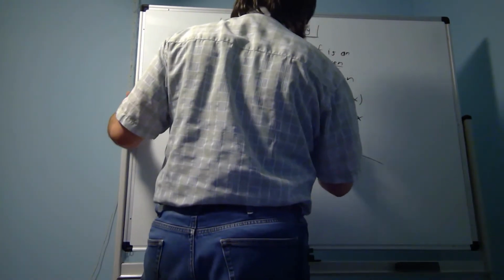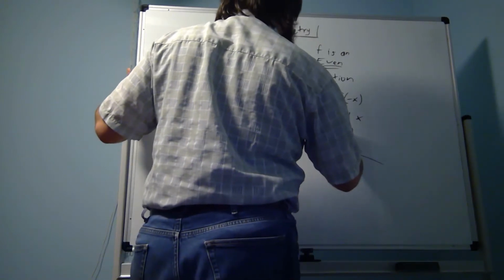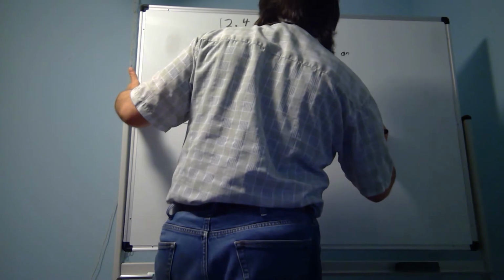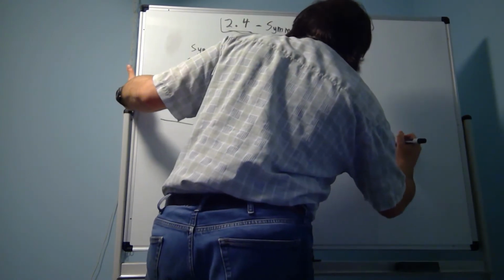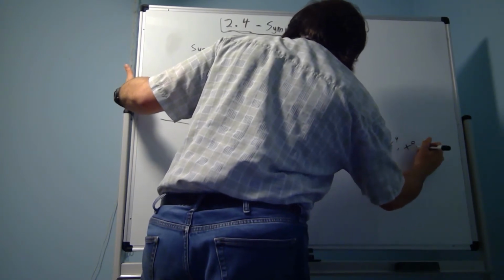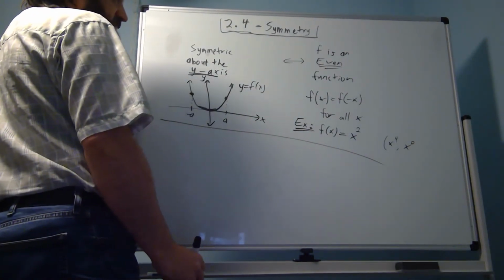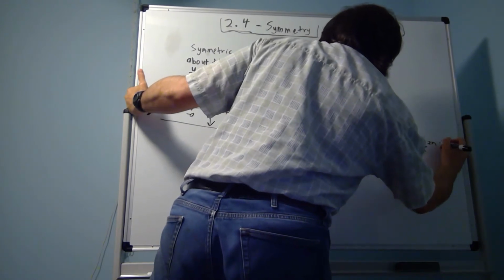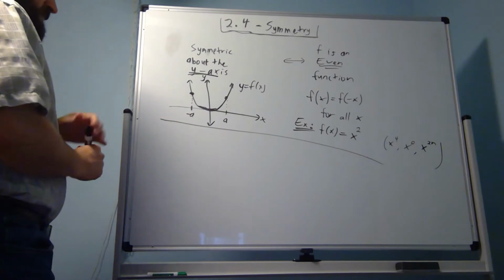The most common example of these is where the name comes from: x squared, or x to the fourth, even x to the 0, a constant, is also an example. We'll look at this in some detail, and it actually works for any even power of x.